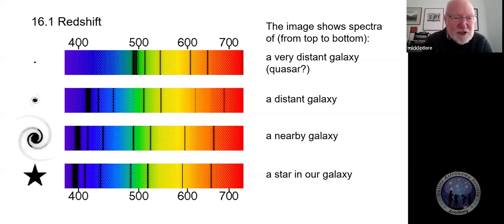If you pick out certain lines here, you will find that they have been shifted compared with the star in our galaxy that I think we can assume is pretty stationary with regards to its movement away from us or towards us. All the lines have been redshifted.